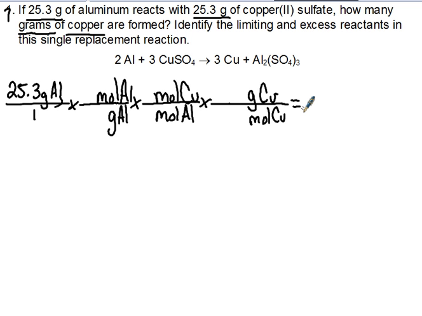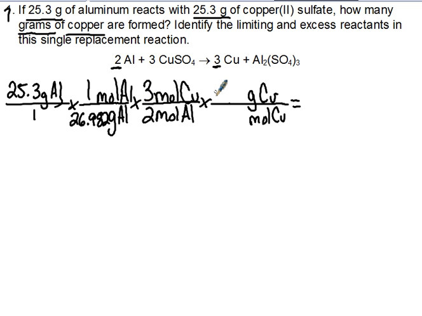Now I'm going to go back to my periodic table and look up the mass of aluminum, which is 26.982. And the periodic table is always in 1 mole. I look at my chemical equation for my mole to mole ratio. The number in front of aluminum is 2, so I put a 2 here, and the number in front of copper is 3, so I put a 3 here.